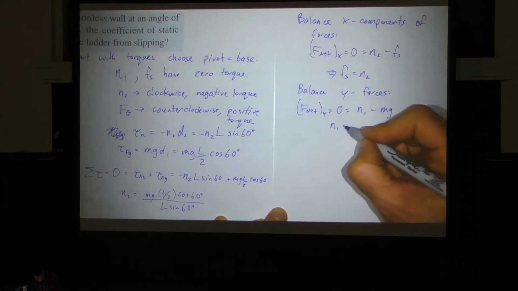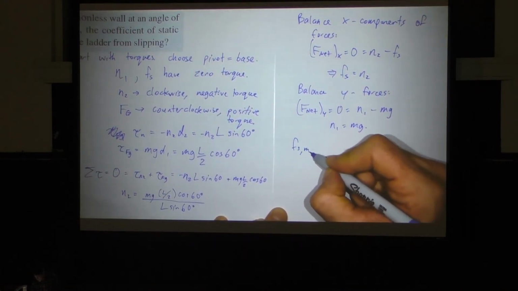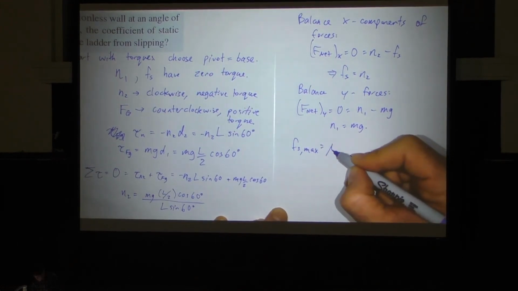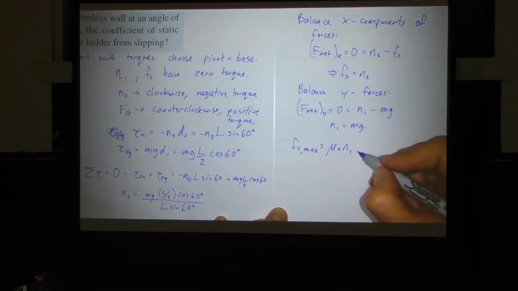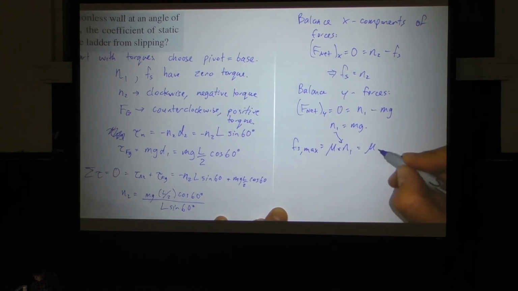And so N1 equals mg. And then we know that Fs max is equal to mu sub s times N1, which is mu sub s times mg. And then we set this equal to Fs, which we have because we solved for N2.